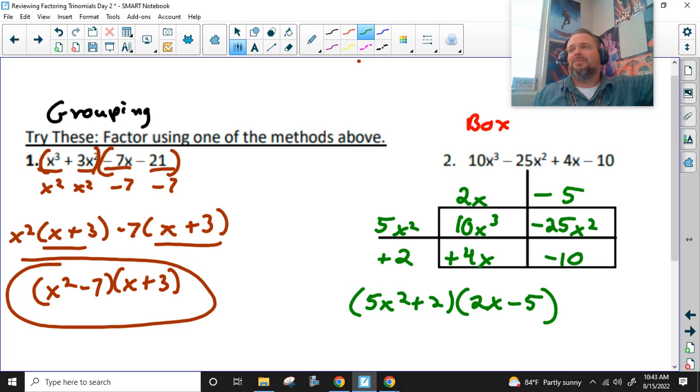So Miss Rice took about 5 minutes and did a problem on the board, and then I was like, why would I ever not do the box method? Okay. Now, some people do not like the box method. Some people have to do the GCF, divide, regroup. Some people like that. Just like some people like pineapple on their pizza and some people don't. That's okay. We're not going to get into that discussion.